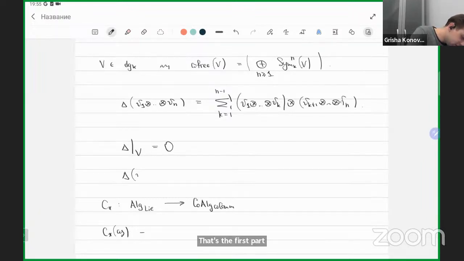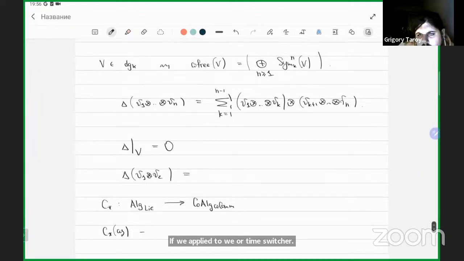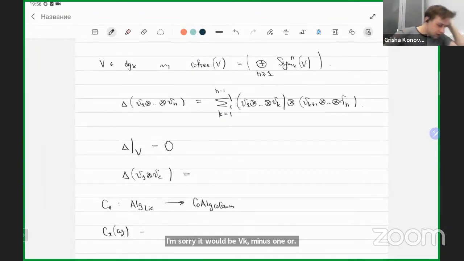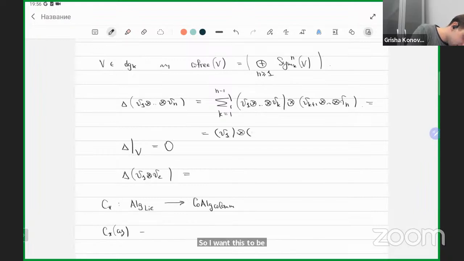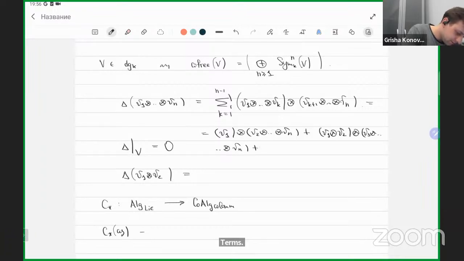Then, if we apply it to V times V, what will we get?